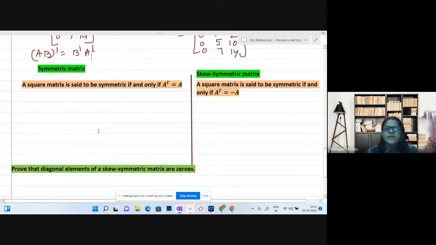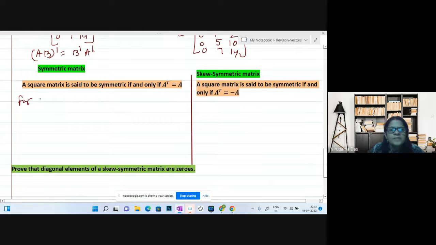Now, next one is the symmetric matrix and skew-symmetric matrix. How do we define it? A symmetric matrix is a square matrix that is said to be symmetric if and only if A transpose equals A. It means the transpose of the matrix is equal to the matrix itself.